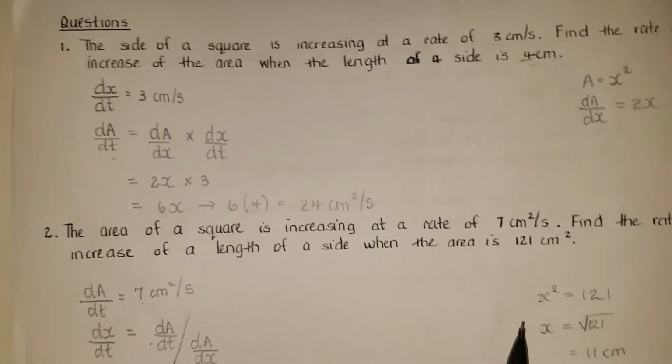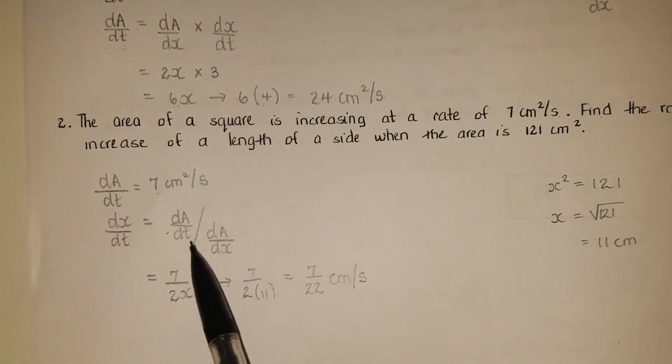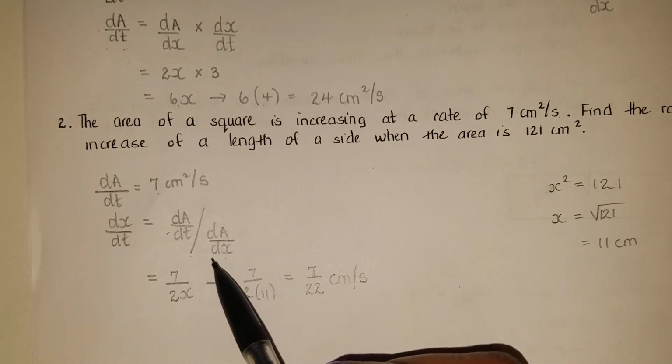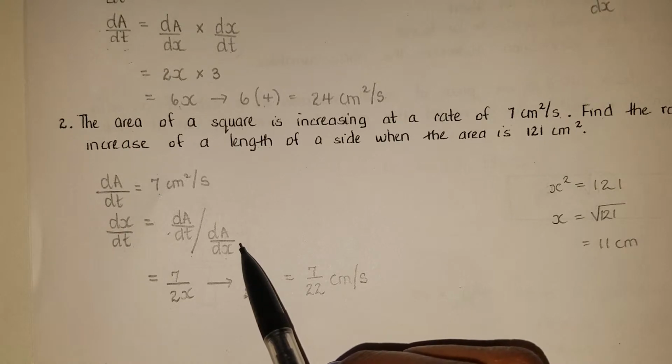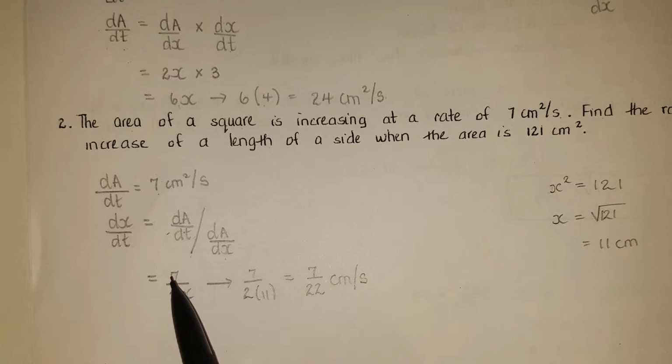Now, dA/dx is once again 2x because it's a square. dA/dt was given as 7, so that's why we have 7 over 2x.